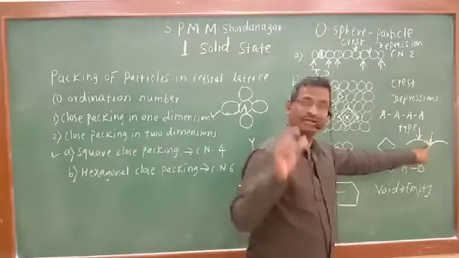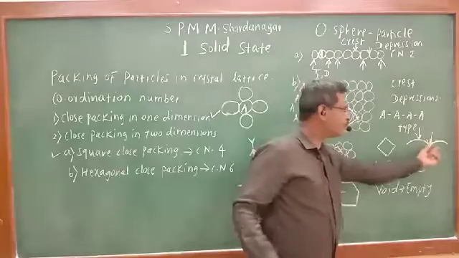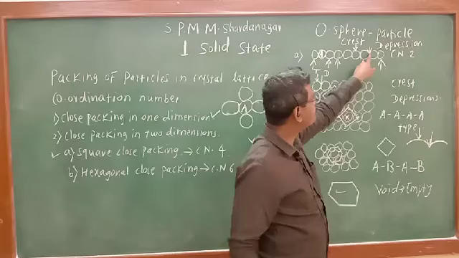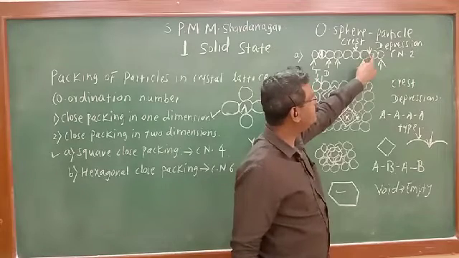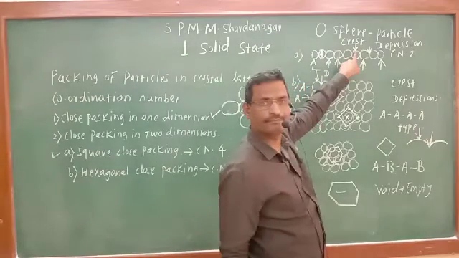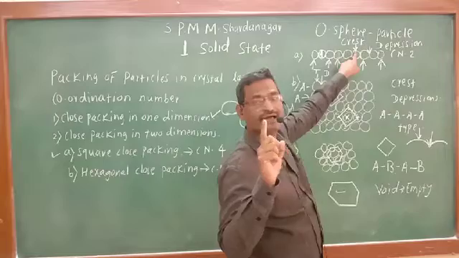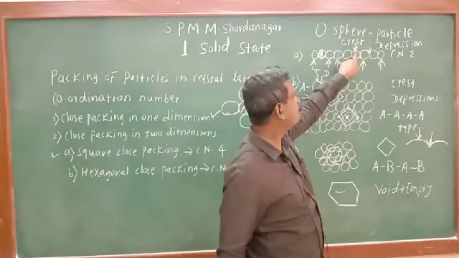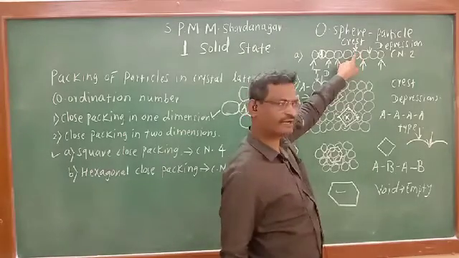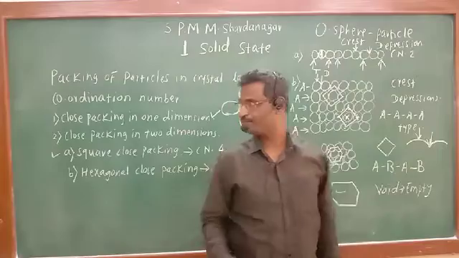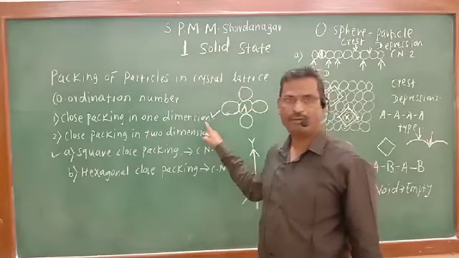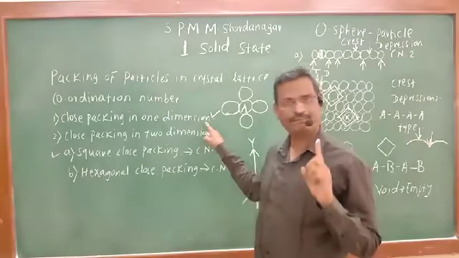And depression is the part where 2 spheres are in touch with each other like this. So depression is where 2 spheres touch each other, and crest is the part where the sphere is separate, not in touch with the other sphere. So this is about close packing in one dimension, where the coordination number is 2, or 1 for the last and first particle.